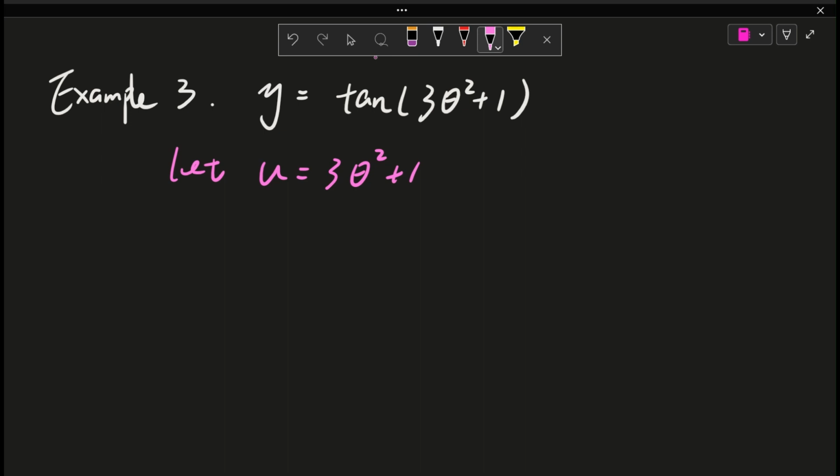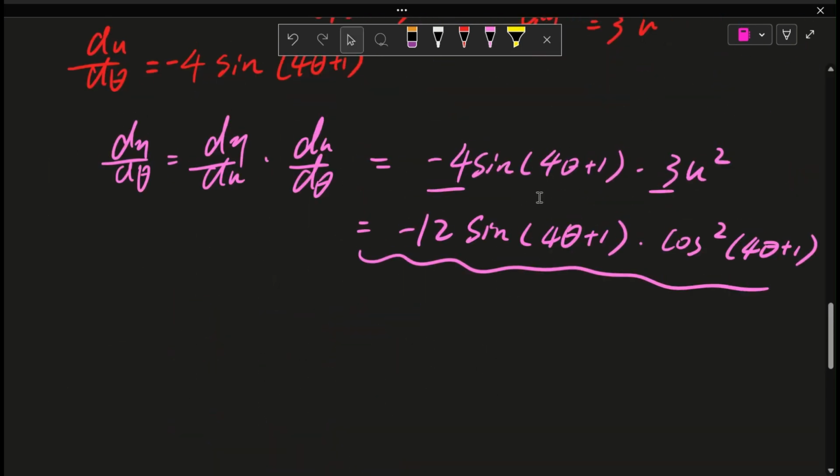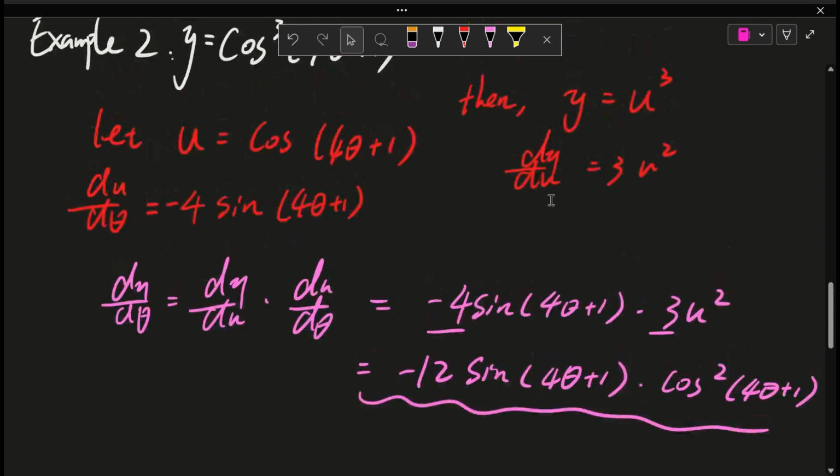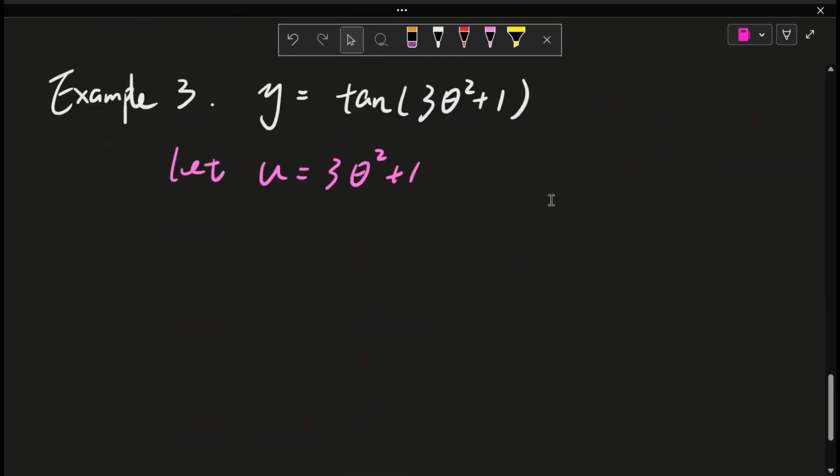Because there's only one tangent, we don't have to let u equal the whole inside, like in the previous question where I let u be cosine of 4 theta plus 1. So du d theta equals 6 theta.